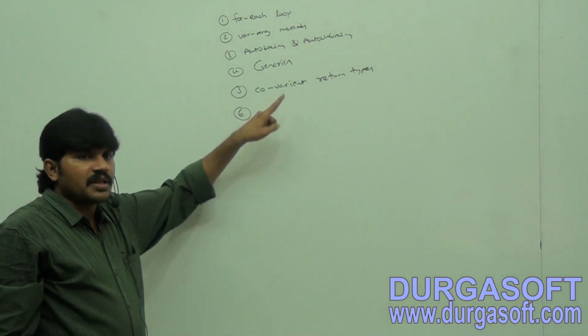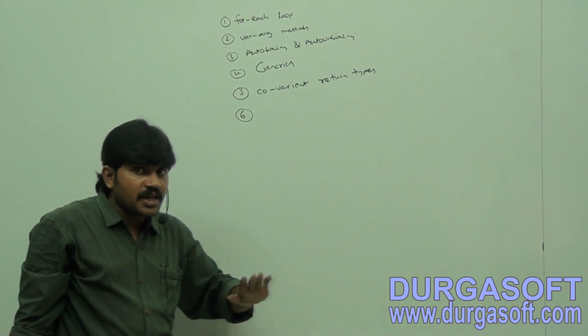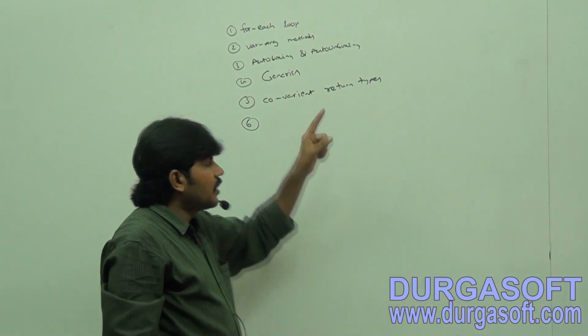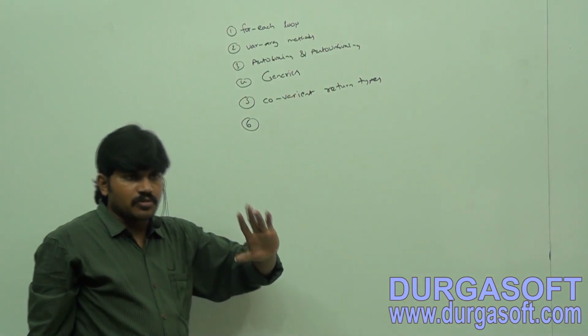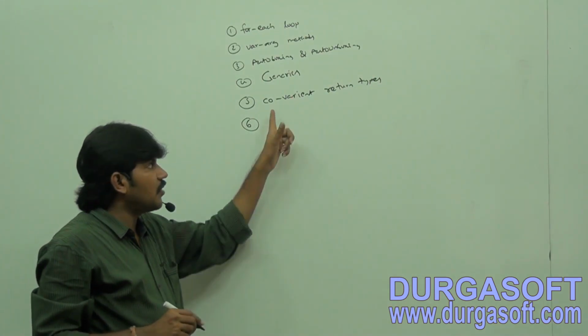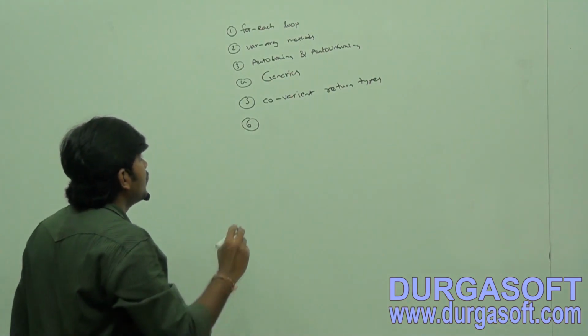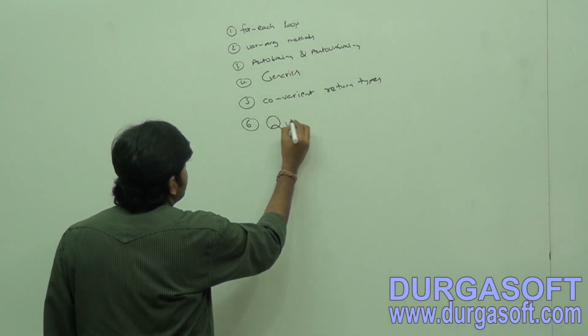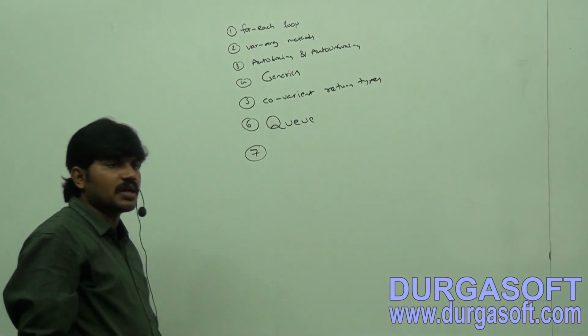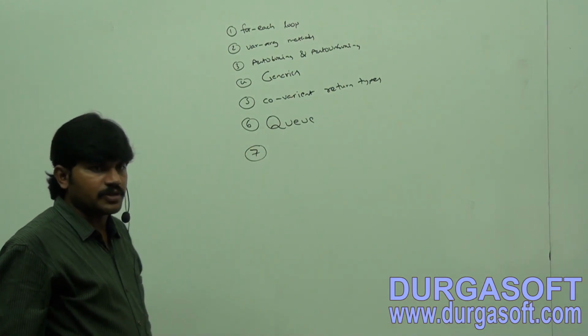The child class method return type need not be the same as the parent method return type. A child type is also allowed. In the overriding rule, there is more flexibility to the programmer, who is not required to maintain the same return type. That is the covariant return type concept. And then the queue concept came. Have you remembered, in the collection framework the queue concept came in the 1.5 version only.